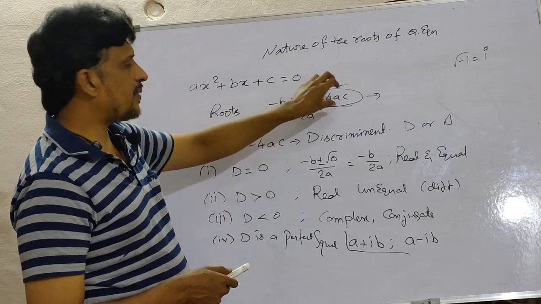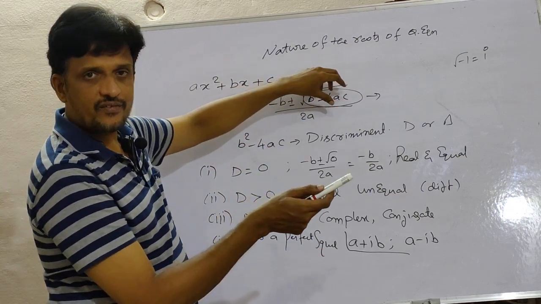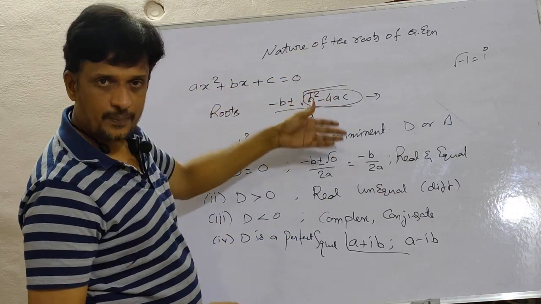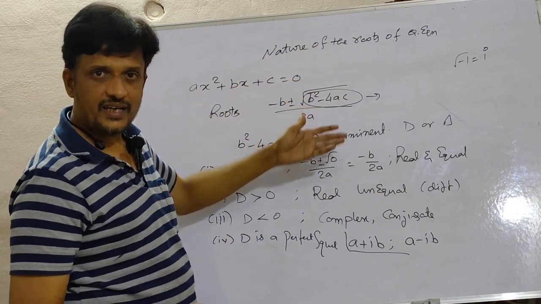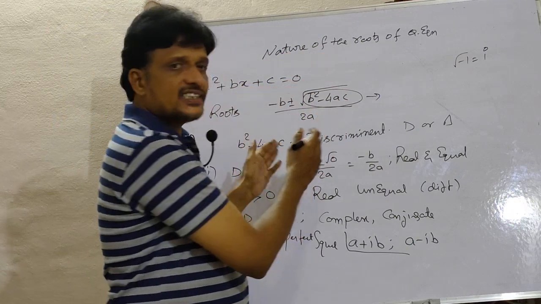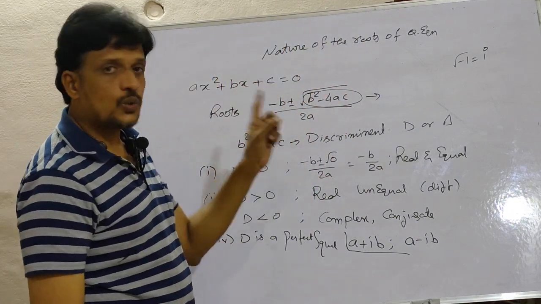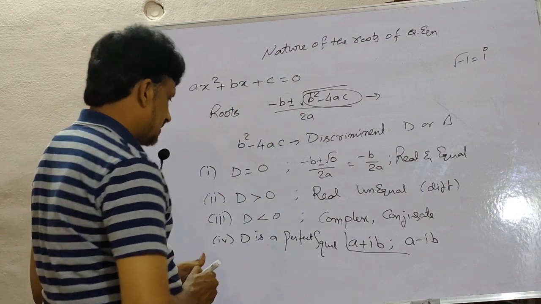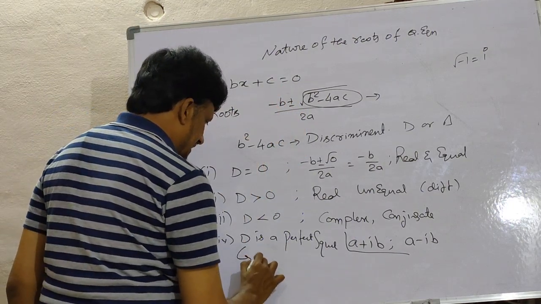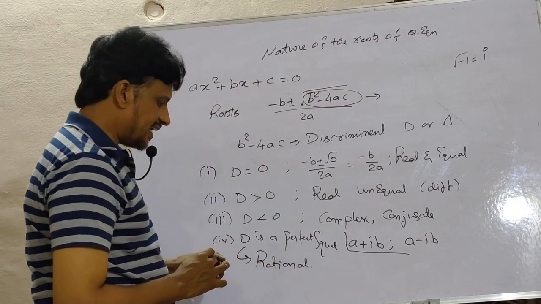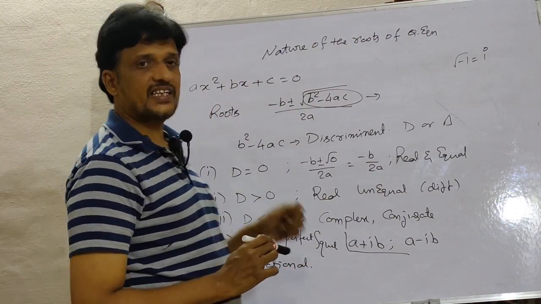For example, the square root of 25 will be 5, square root of 16 will be 4, square root of 4 will be 2, square root of 1 will be 1. That means you are getting a chance to eliminate the given square root. Then the roots are rational. So you are getting rational roots when delta is a perfect square.